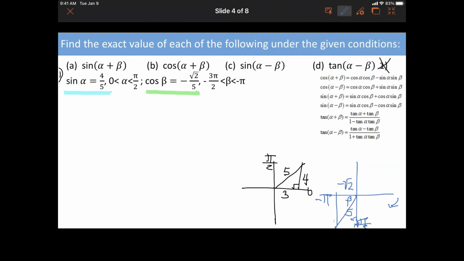So to find this leg using the Pythagorean theorem, this is going to be 2, this is going to be 25. So x is going to be the square root of 23. Now it's in the third quadrant, so this is going to be negative.